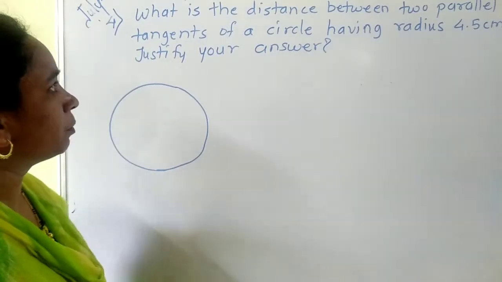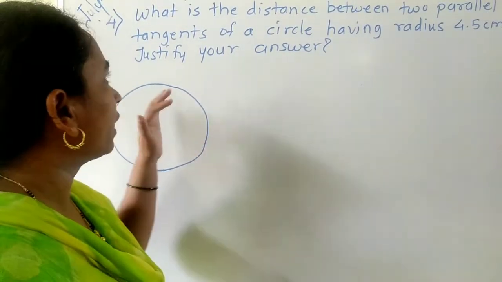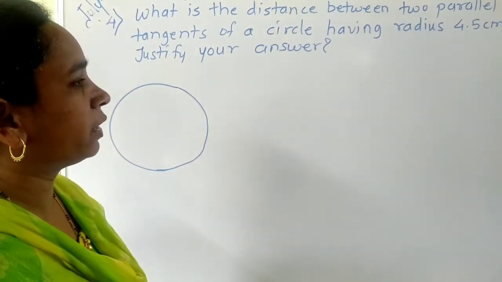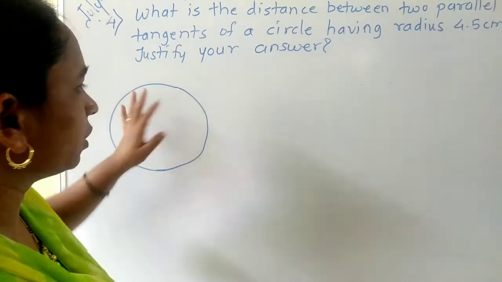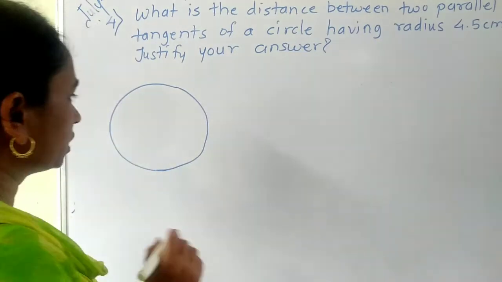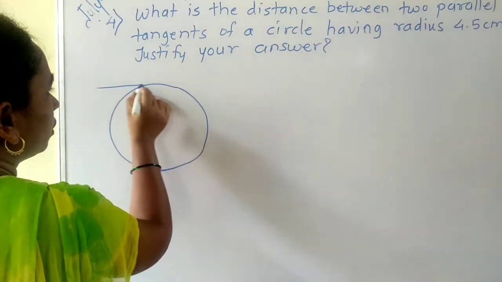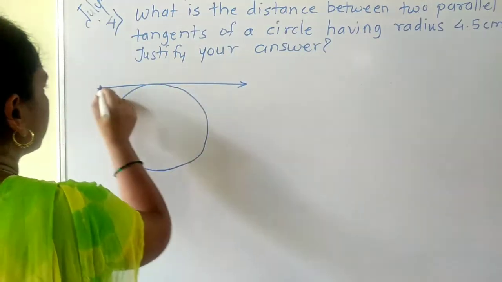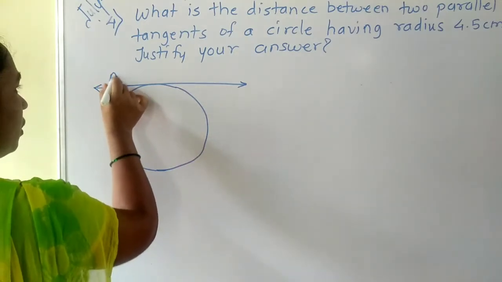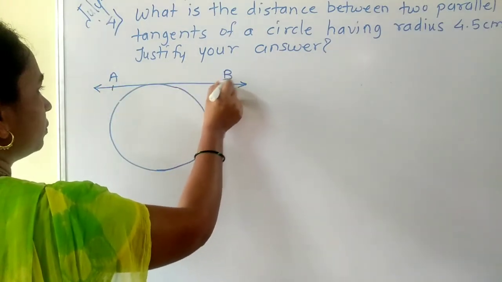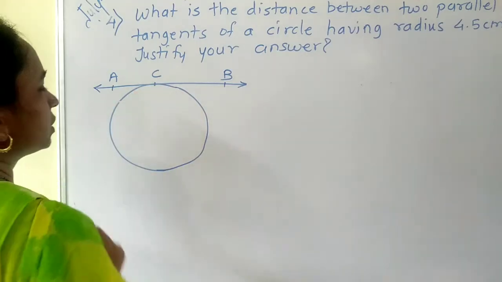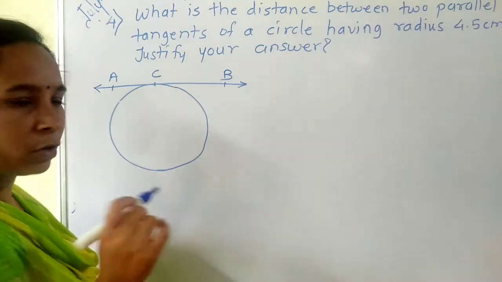In this fourth example, what is the distance between the two parallel tangents of a circle having radius 4.5 cm? So here I have drawn one circle which has the radius 4.5. There are two tangents which are parallel with each other. Suppose this is a tangent AB, and C is the point of contact.